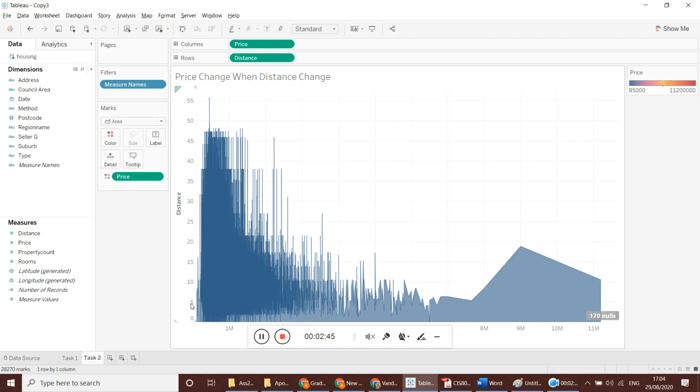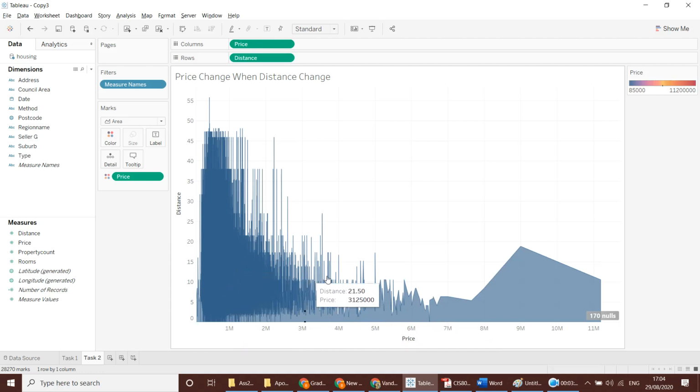If you cross-check, most of the data is distributed up to a price of 6 million. So we can say that most of the properties sold got a price between maybe 0 and 6 million, or maybe 0 and 4 million.